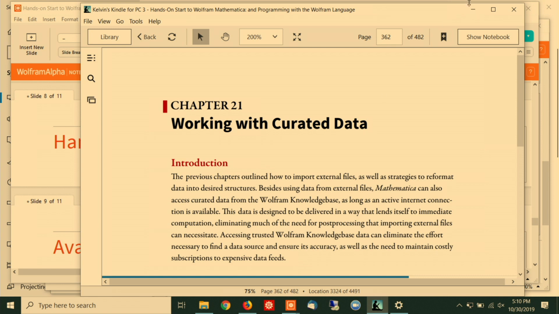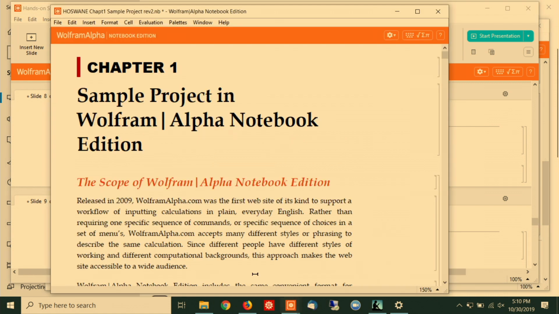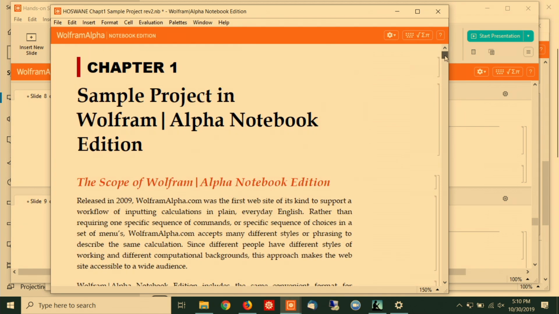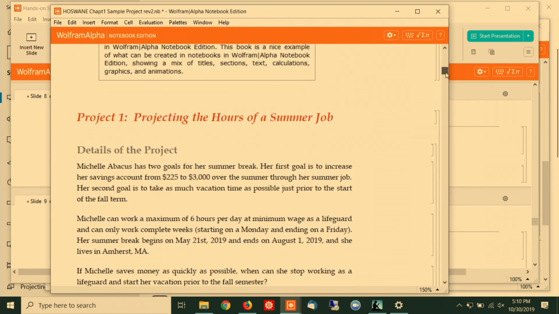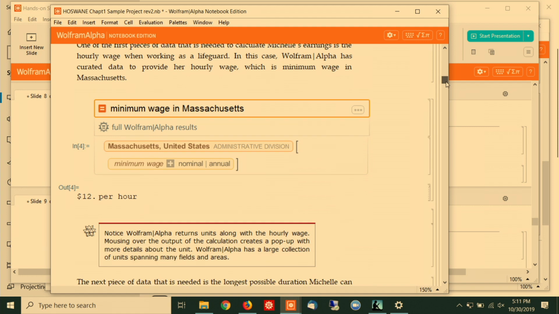This is the view of the Wolfram language book. We are planning a book for Wolfram Alpha Notebook Edition as well, where this will be a nice reference. This chapter follows the other book where it's a sample project. We feel like this is a useful thing just to understand the bounds of the project. So something where you might want to query some data.